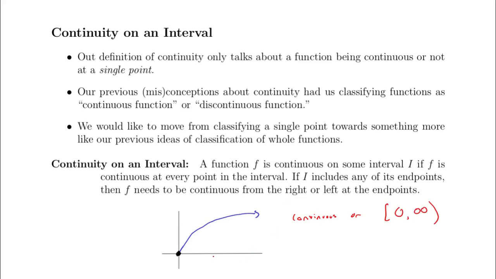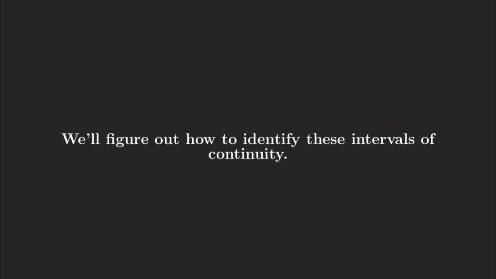So we can talk about continuity on the interval, even though it's one-sided continuous here. CONT is my short form for continuous because I get lazy when I'm writing things. So we can still talk about intervals of continuity on closed endpoints.